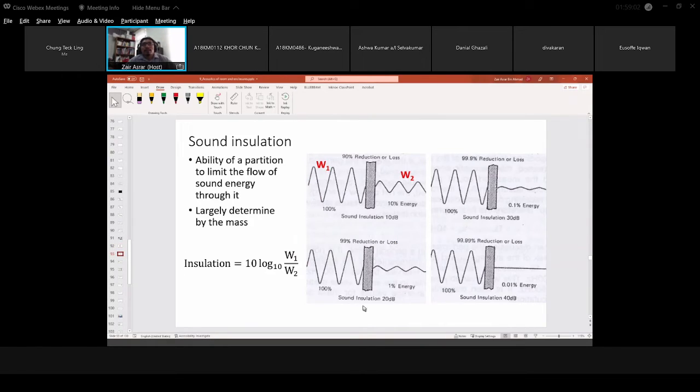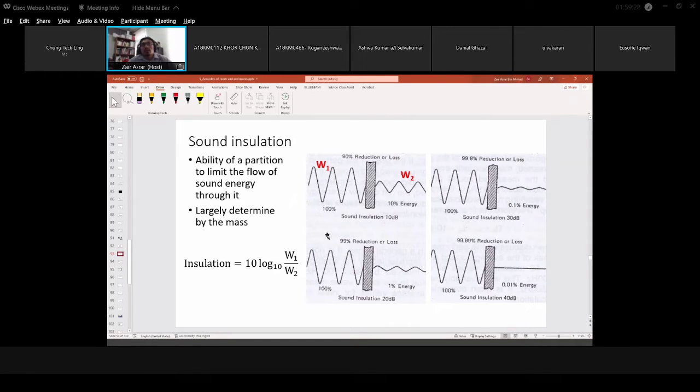Okay, so if we want to measure how much sound is being insulated by our wall, we can calculate the magnitude of sound insulation. Sound insulation is given by 10 log10 of W1 over W2. W1 is the sound energy incident to the wall, W2 is the sound energy transmitted after the wall.